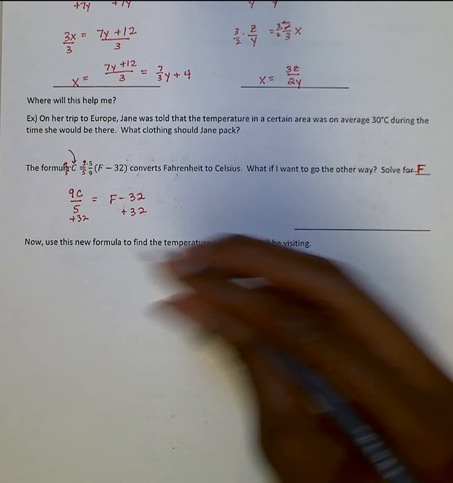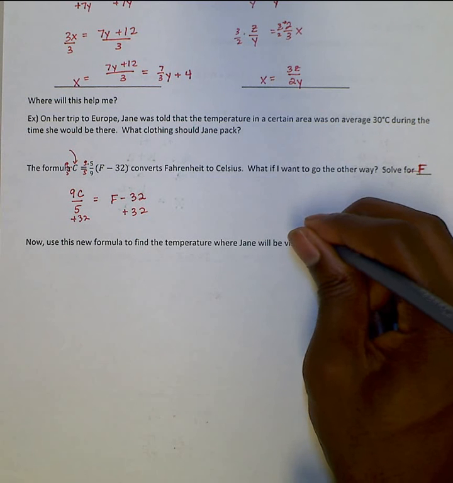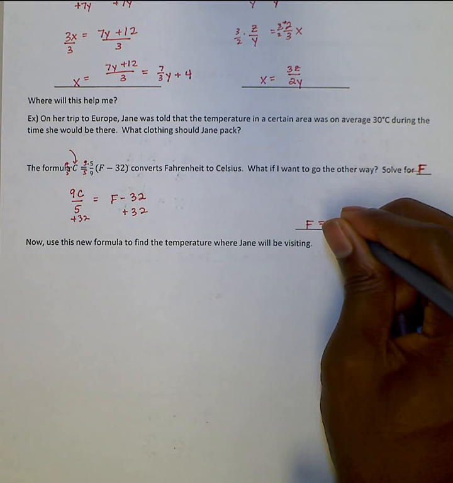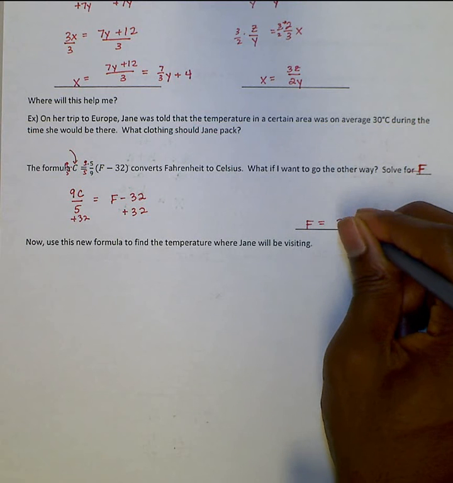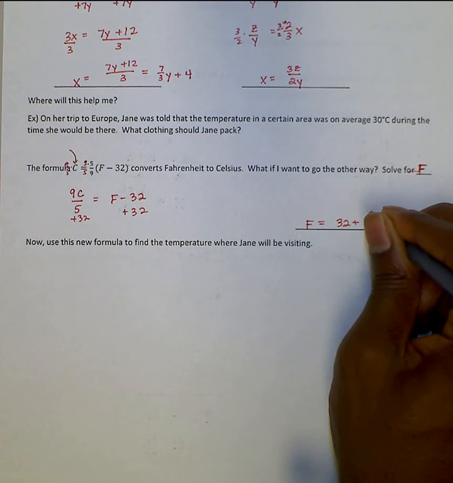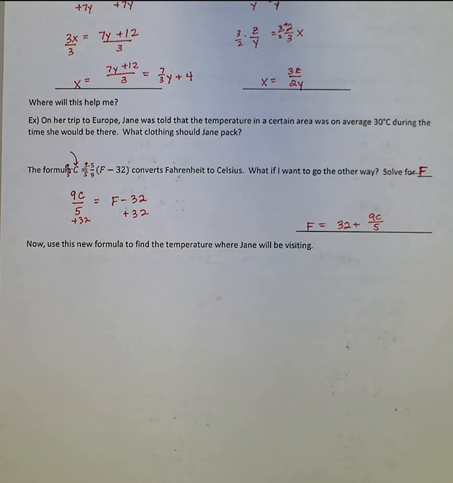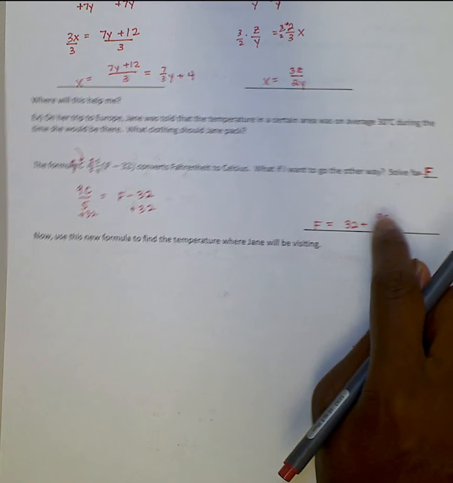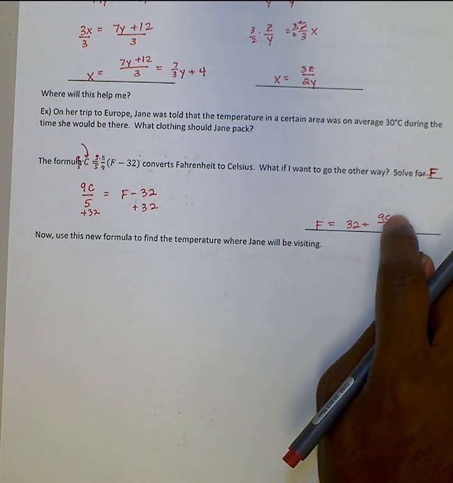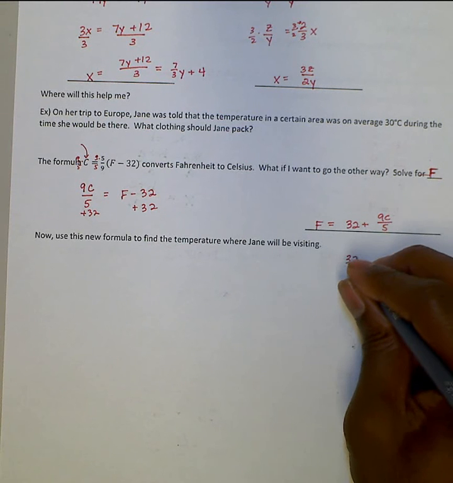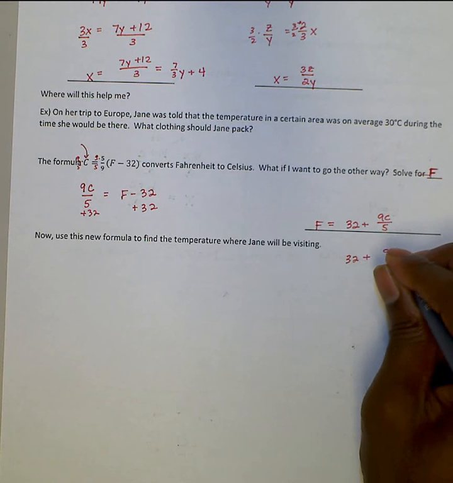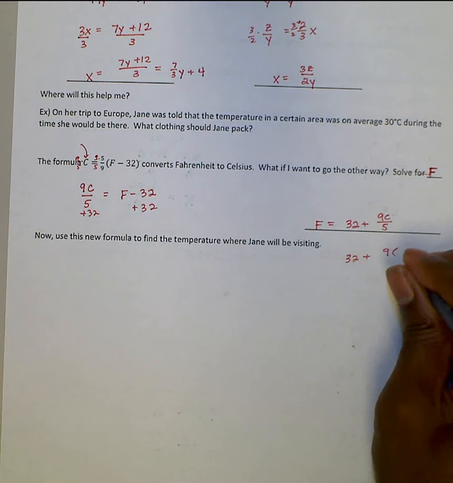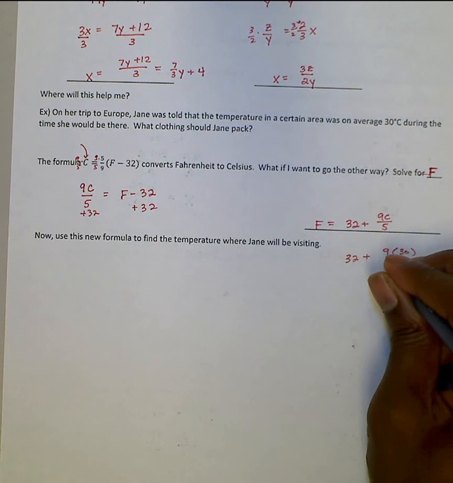And so now I have this equation, f equals 32 plus 9c over 5. Alright, and so when I say what clothes should you bring, all I need to do is plug c in here. And I can say 32 plus 9, and our degrees Celsius was 30, over 5.